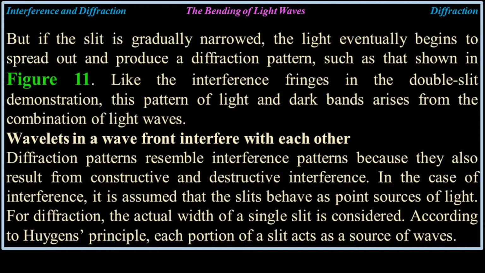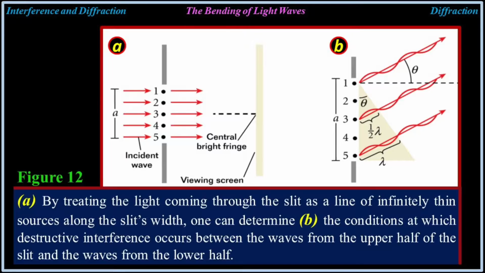In the case of interference, it is assumed that the slits behave as point sources of light. For diffraction, the actual width of a single slit is considered. According to Huygens' principle, each portion of a slit acts as a source of waves.